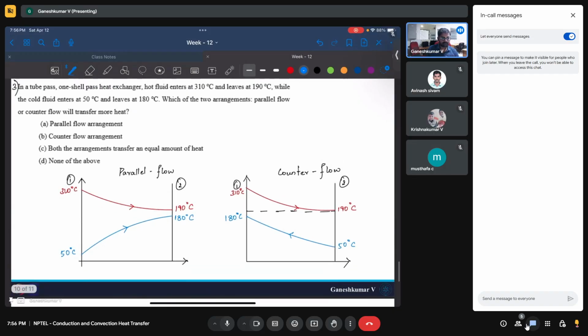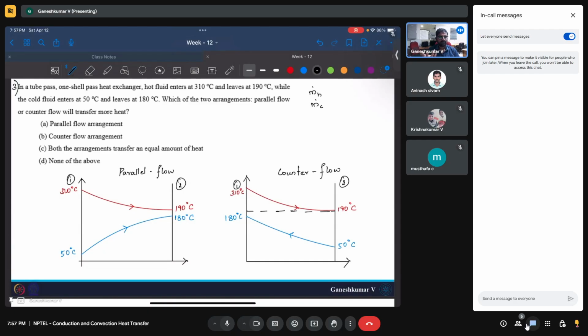Which one will have the highest heat transfer? Should we do some calculations to find out? We can assume that m dot h is the same and m dot c is the same for both the parallel flow and counter flow heat exchanger.